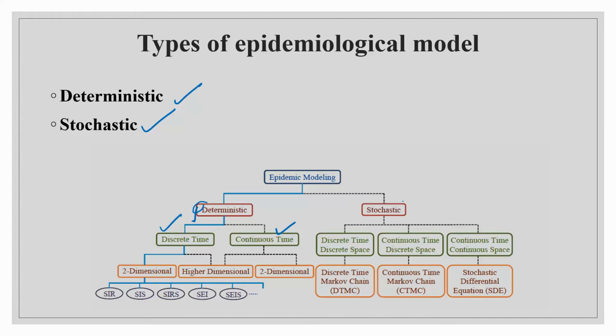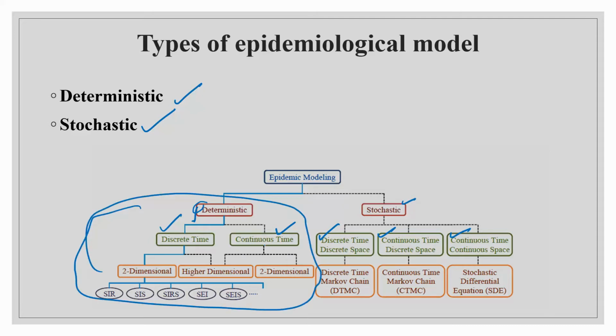Similarly, the stochastic type is again divided into discrete time discrete space, continuous time discrete space, and continuous time continuous space. In this lecture we will restrict ourselves to the continuous time models, that is SIR, SIS, SIRS and so on. I will tell you as the lecture proceeds how we can develop all these kinds of models.